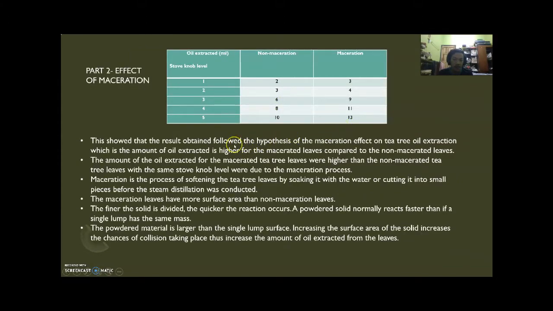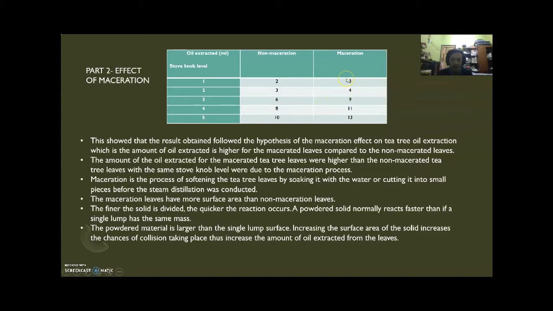So the next part is part 2, the effect of maceration. It can be seen that the manipulated variable is non-maceration and maceration. You can see that as the stove knob level 1, 2, 3, 4, 5 increases, the oil extracted also increases for both maceration and non-maceration.